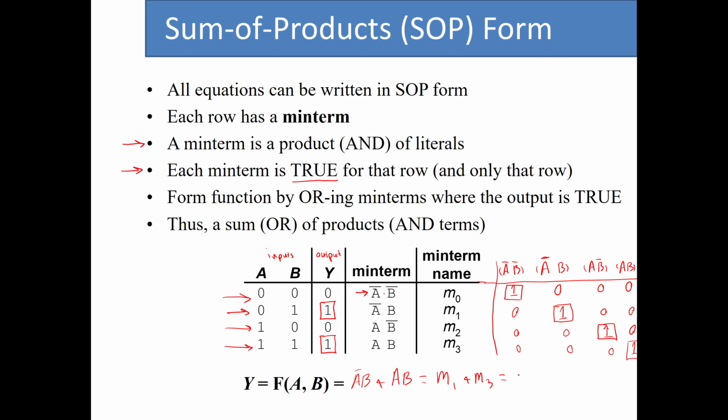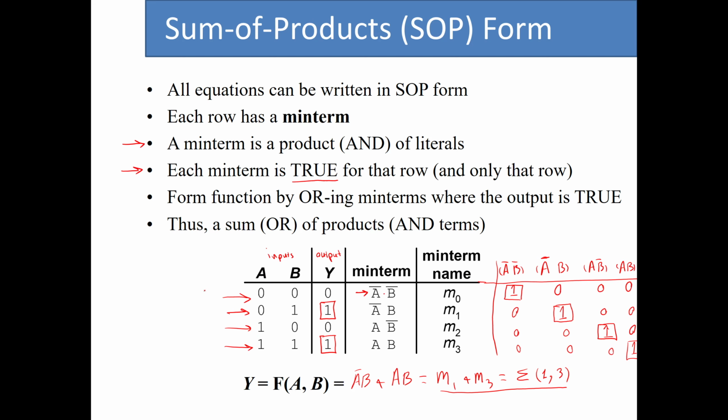Or a shorthand version is to use the summation sign, which you have probably seen in mathematics, that basically lists all the minterms. So all of these representations are equivalent, so it doesn't matter which one you use. Of course, for these two, it is important that you have all your rows in order, right?